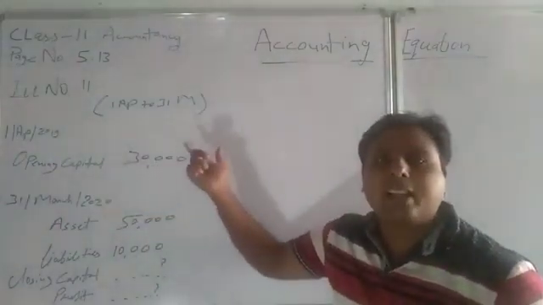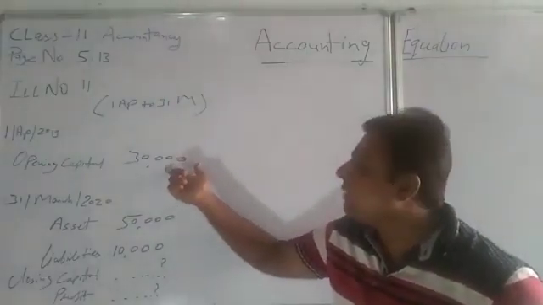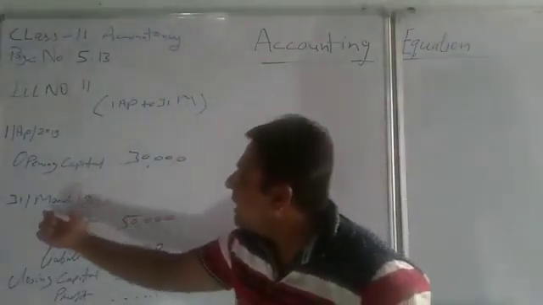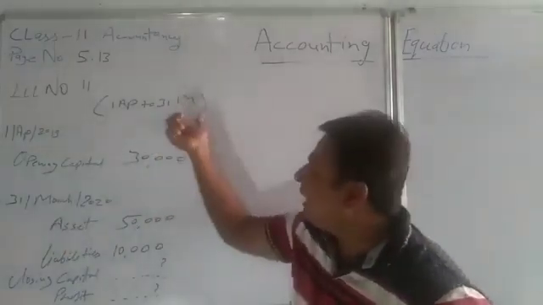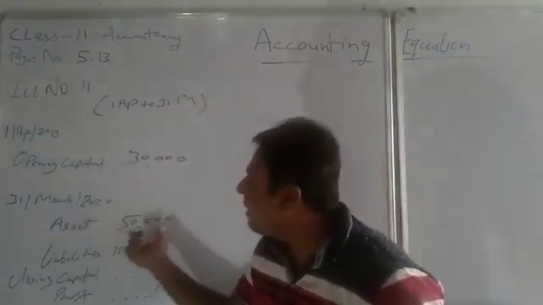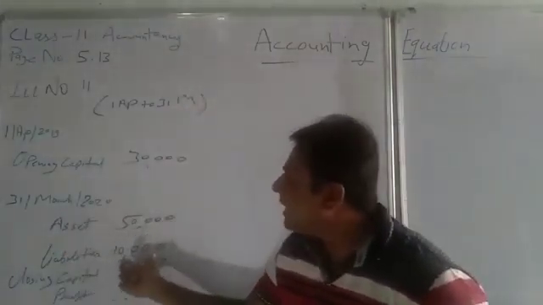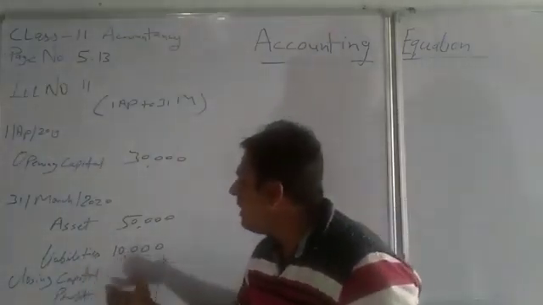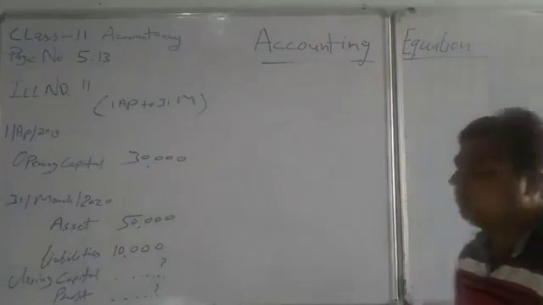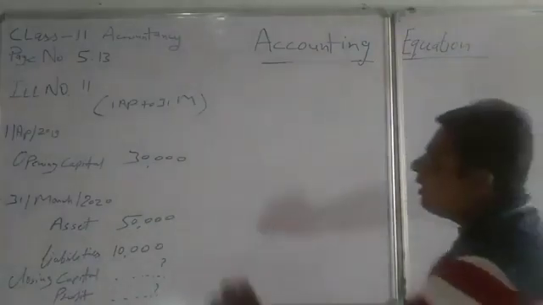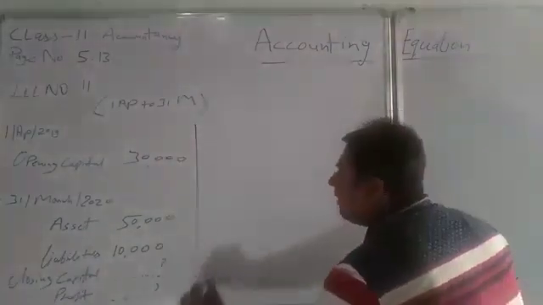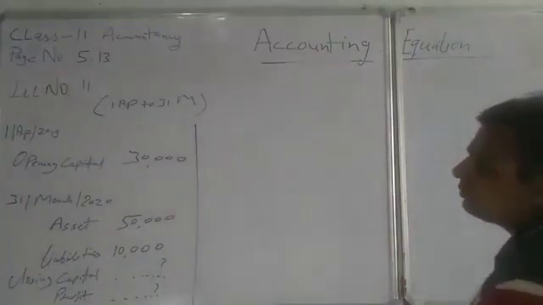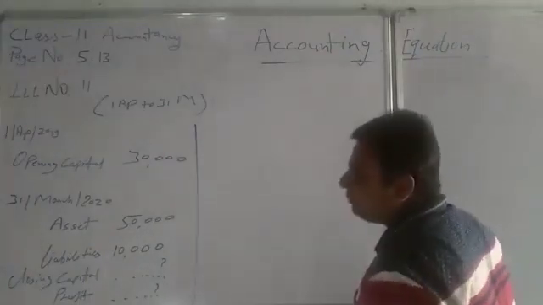It is the capital, the amount which he invested in the business. Now, at the ending of this year, on 31st March, he has asset 50,000, liability 10,000, and the question asks us to find out closing capital and profit. So how to do it? How will we do it? Let's see.